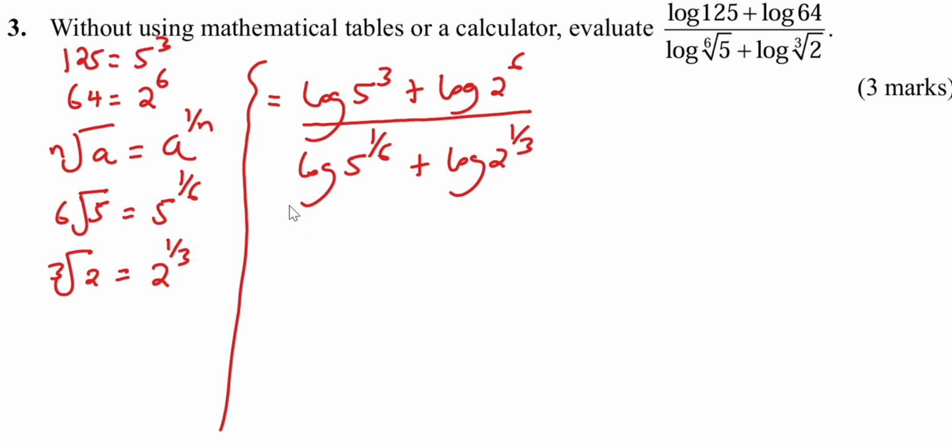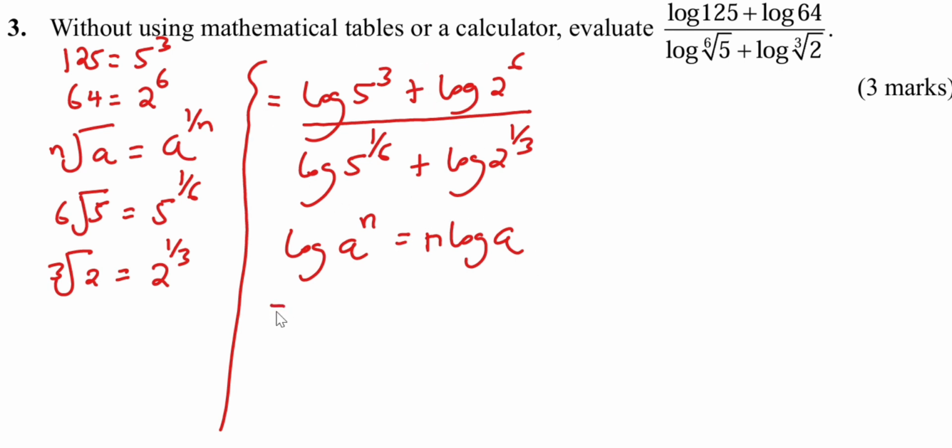So according to the laws of logarithm, remember that if you have log of a raised to n, the number is raised to a power, then you can bring this power behind the log and it becomes n log of a. So I'm going to use this relation to rewrite my equation.